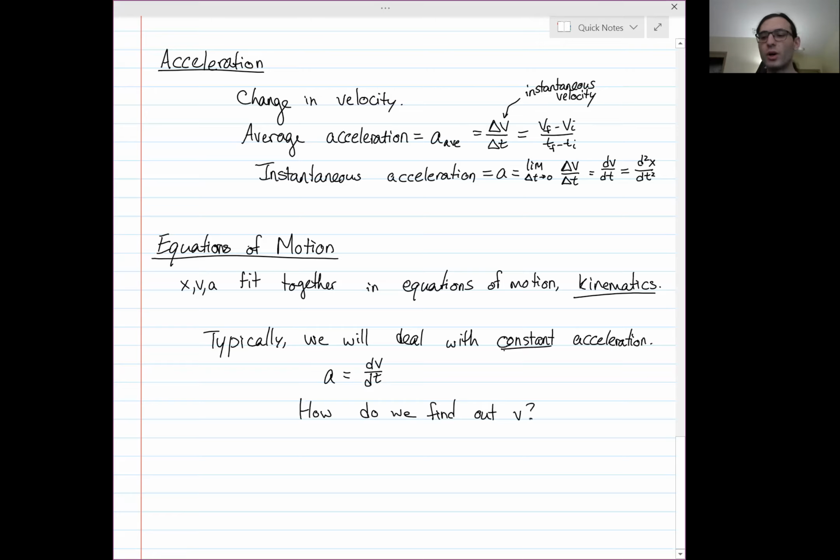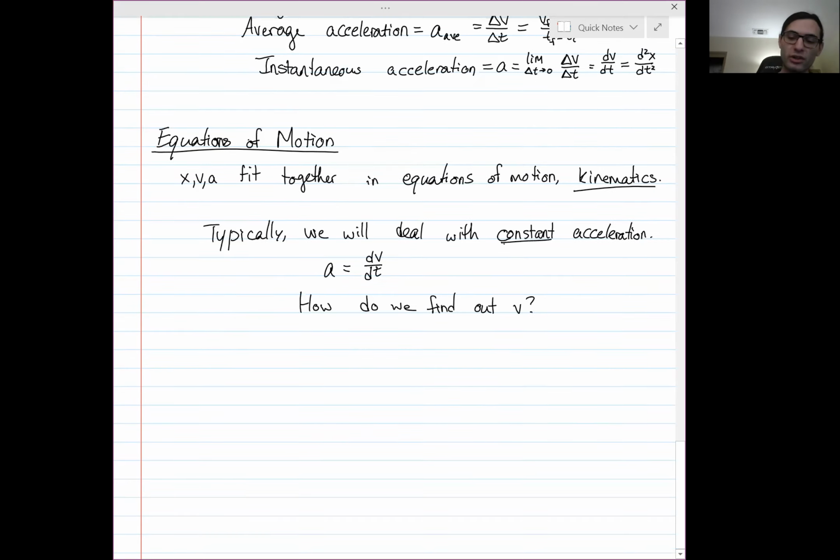Well, in algebra and calculus, you can always do the same thing to both sides. So I'm just going to integrate this equation on both sides: the integral from 0 to t of a dt prime is equal to the integral from 0 to t of dv/dt prime dt prime. I can always do that.